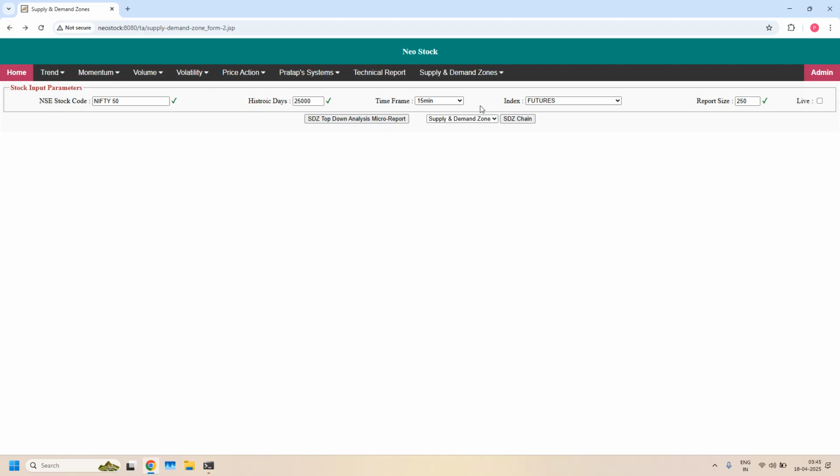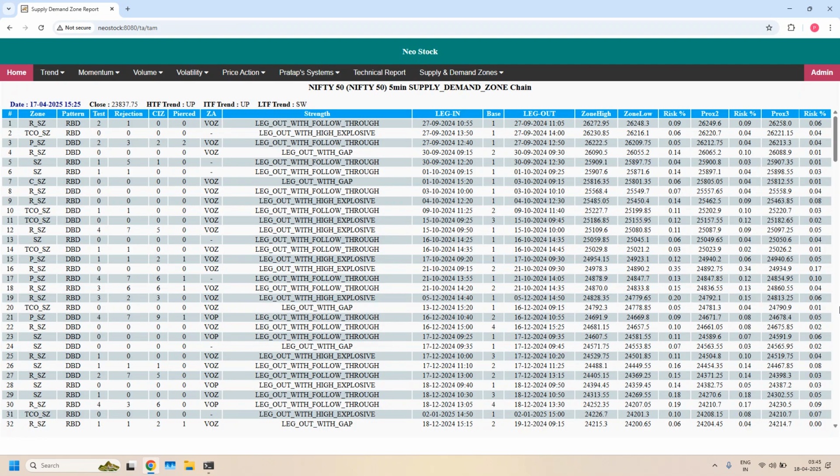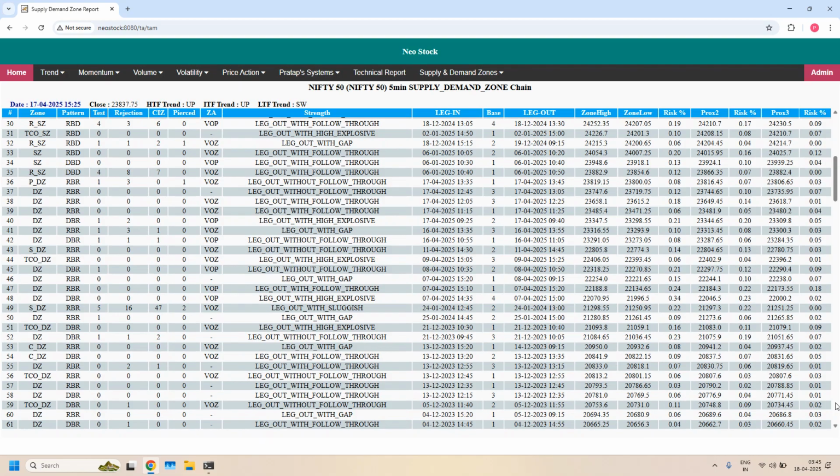Next, generating 5 minutes supply demand zone chain for NIFTY. All these are supply zones. Scrolling the list down. So serial number 36 is having a demand zone.